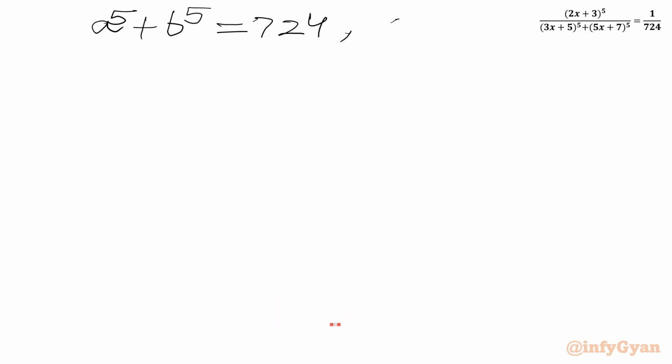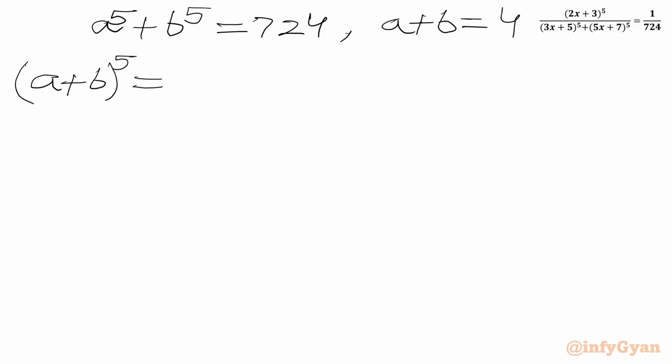Now we have to solve this new system of equations: A power 5 plus B power 5 equal to 724 and A plus B equal to 4. Now I will use binomial expansion. Let me write A plus B whole power 5 expansion formula.